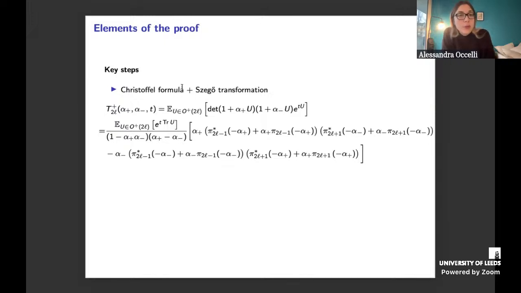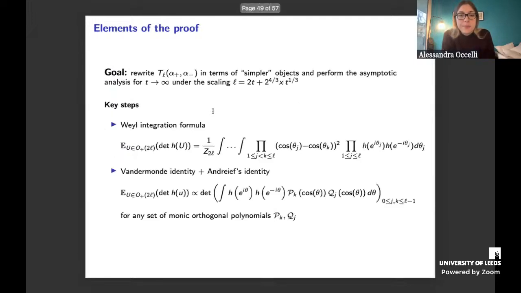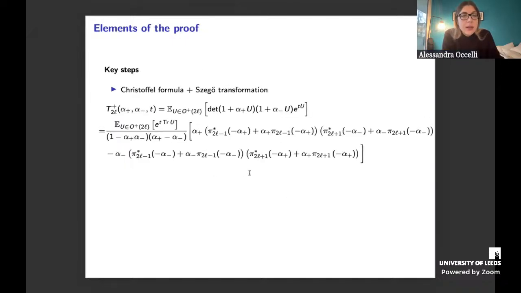One is the Christoffel formula, which allows us to put the contribution of the orthogonal polynomials in this integral outside of the integral by changing the Haar measure on the group. And then you have to use a Szegő transformation, because the Christoffel formula is available for a specific set of orthogonal polynomials.